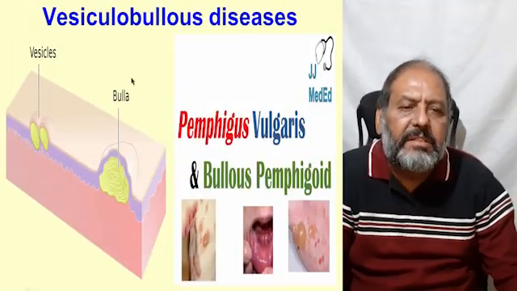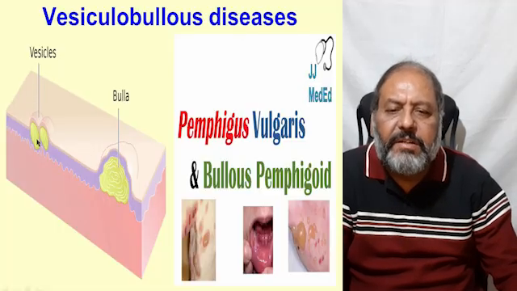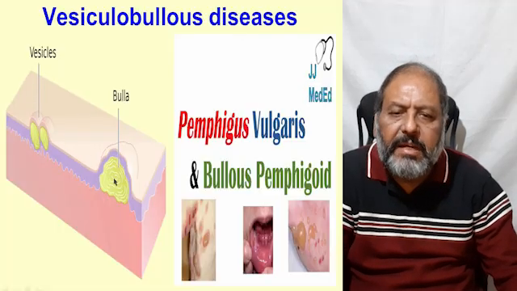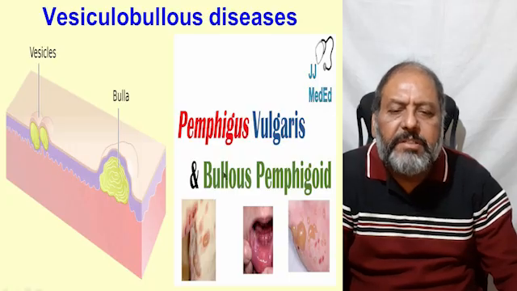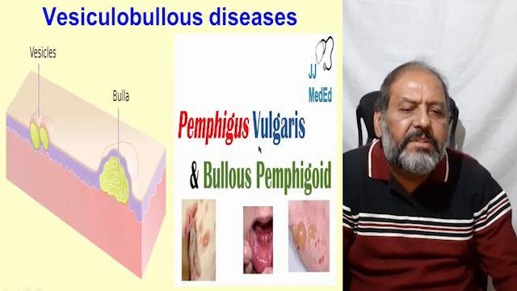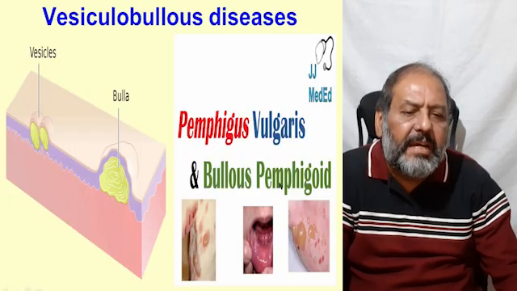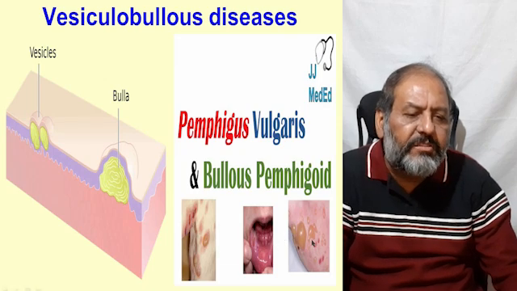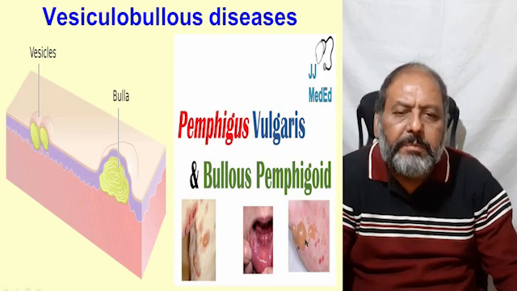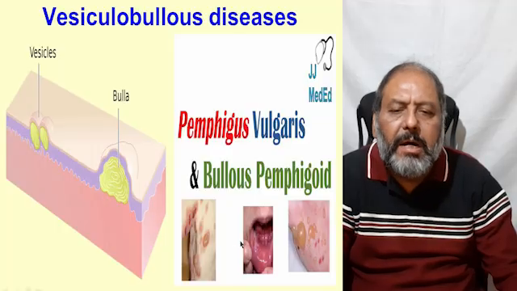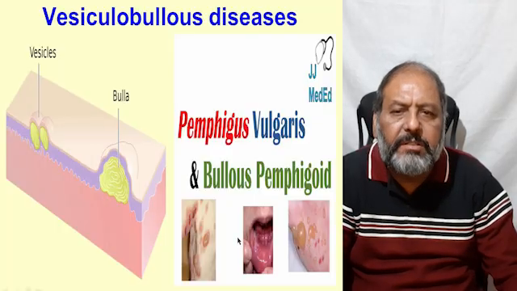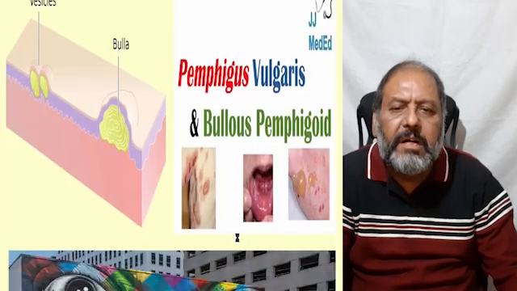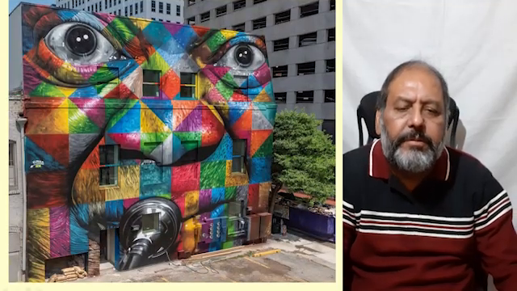Here these can be seen as vesiculobullous disease. These are the vesicles, smaller in size, and these are the bulla, which are larger in size. It has been seen in pemphigus vulgaris and bullous pemphigoid, as one can see the ulcer which is being produced with the bulla, and so these are called vesiculobullous disease.